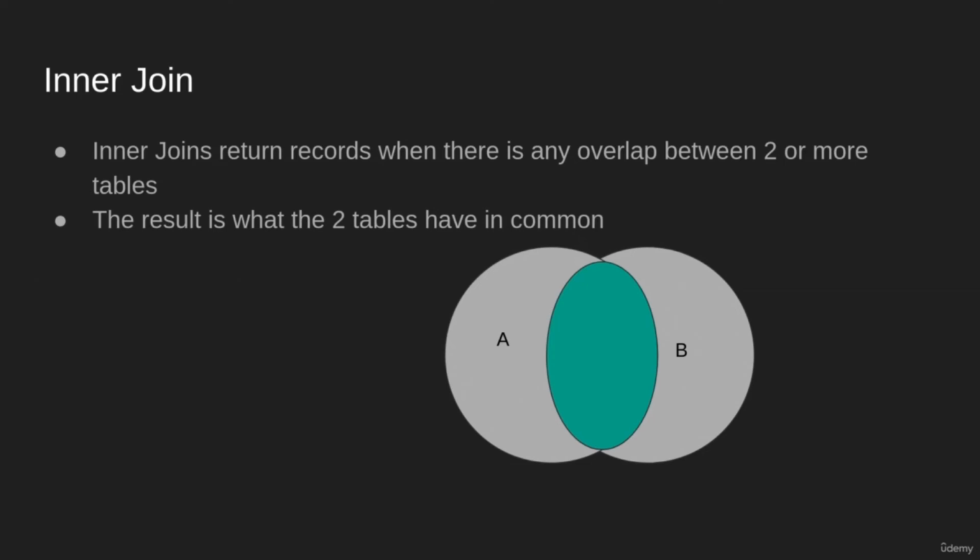So if you conceptualize one table being a circle, table A, and then table B being another circle, and you put these two tables together and take a look at the overlap that exists between the column or attribute you're using to join these tables, anywhere from 0 to 100 percent, that overlap they have in common, the product of that, is your inner join. So the result is just going to be what the two tables have in common.